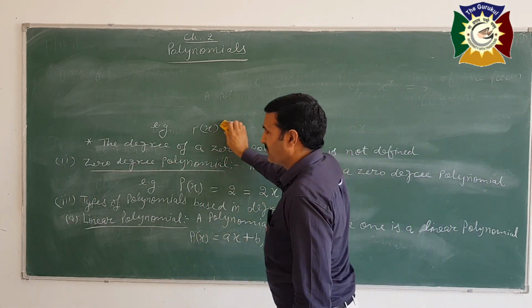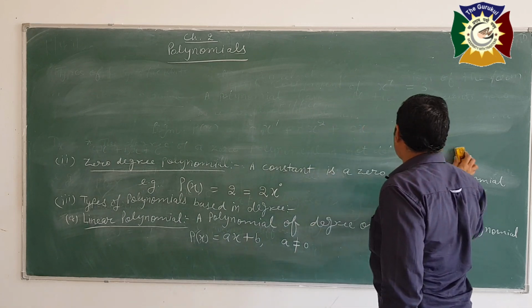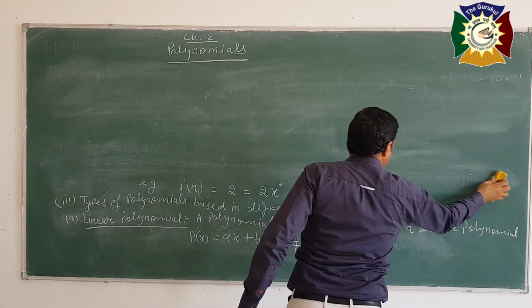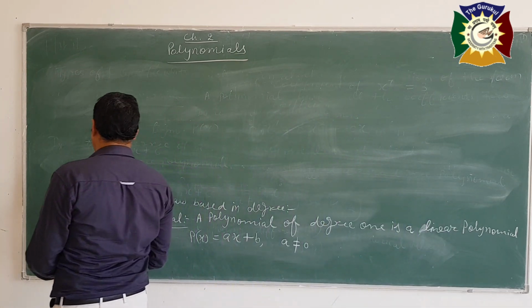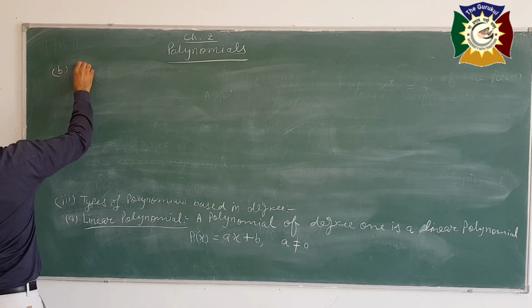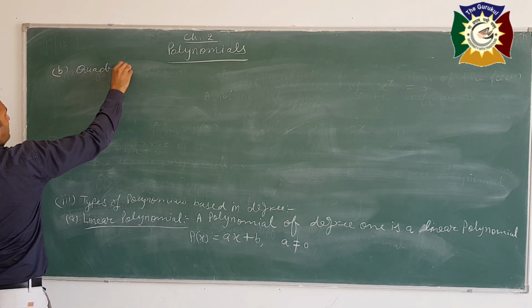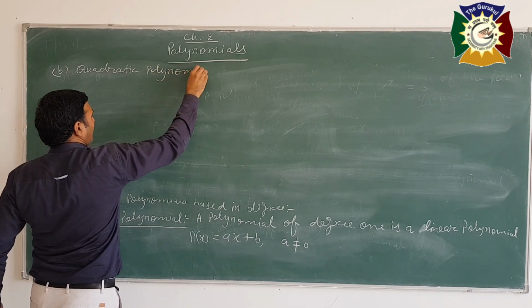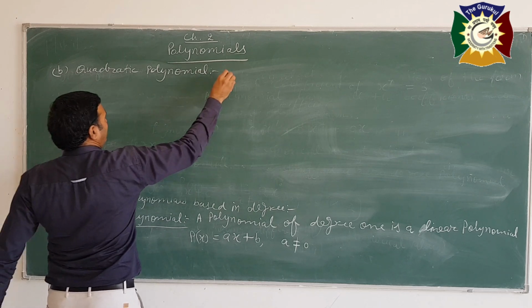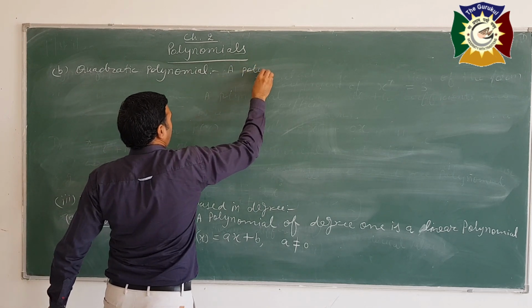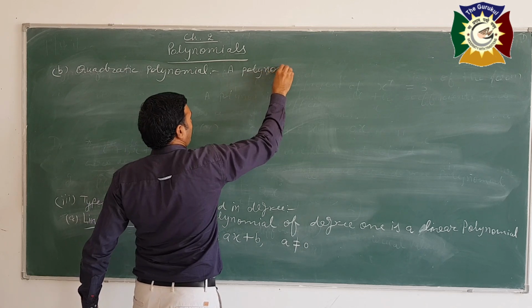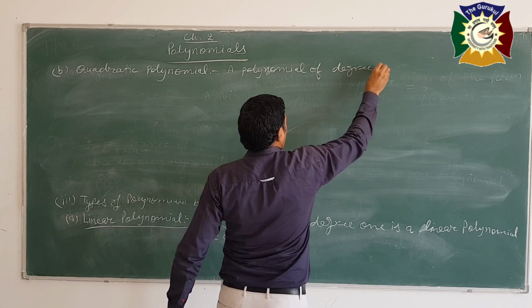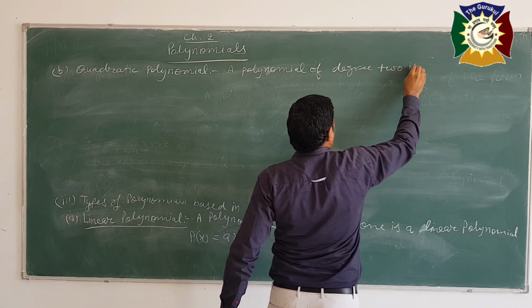A quadratic polynomial. A polynomial of degree 2 is a quadratic polynomial.